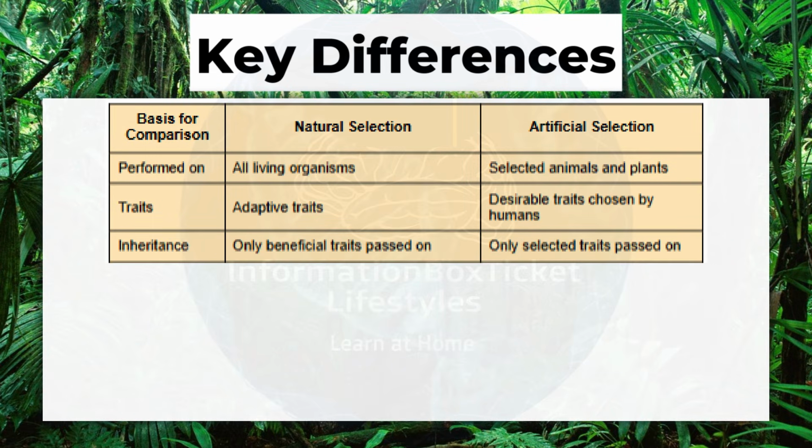In natural selection, only beneficial or favorable traits that enhance survival and reproduction are inherited over successive generations. In contrast, artificial selection allows only selected traits, whether naturally beneficial or not, to be passed on.